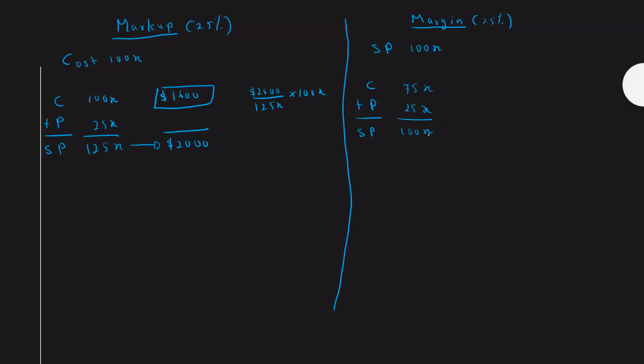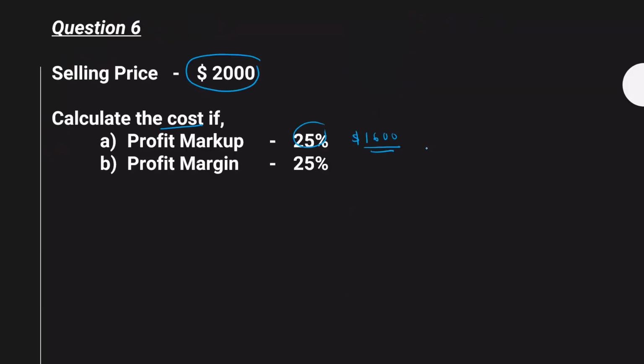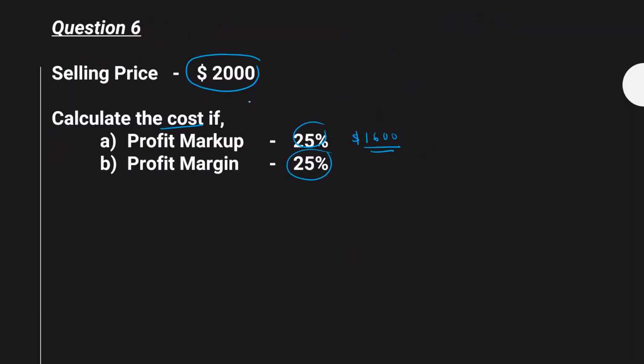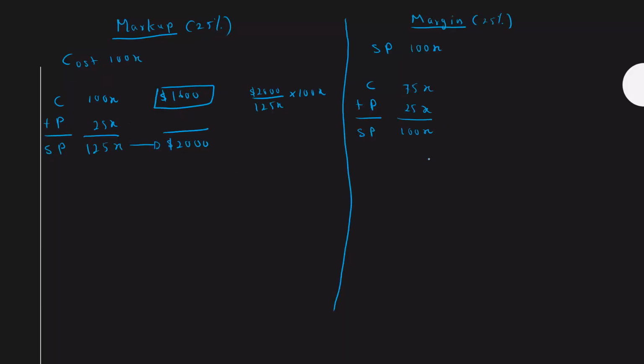It should be 75x. Now in this question, they have given the profit margin, 25%, and the selling price is $2,000. So I know the selling price, $2,000. So 100x is $2,000. If that's the case, how much is 75x? $2,000 divided by 100x will get the value of 1x.